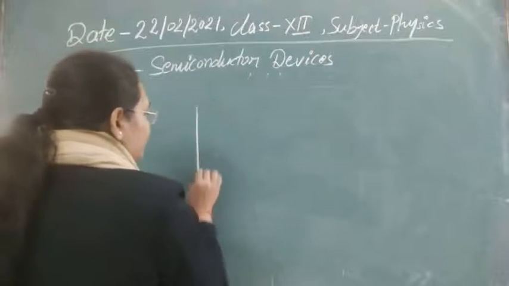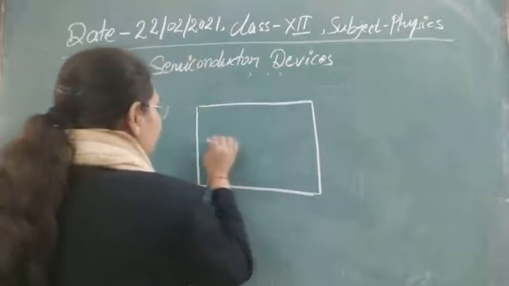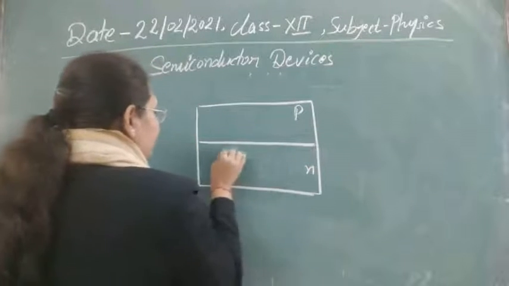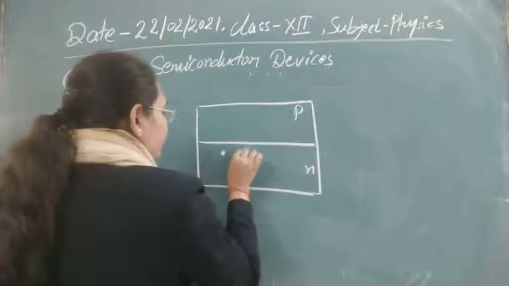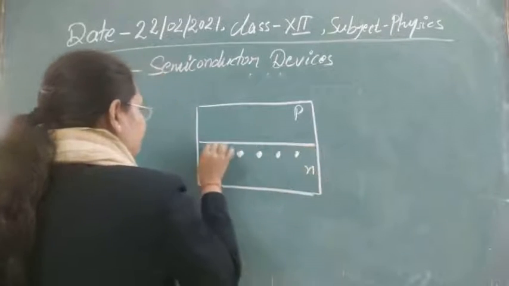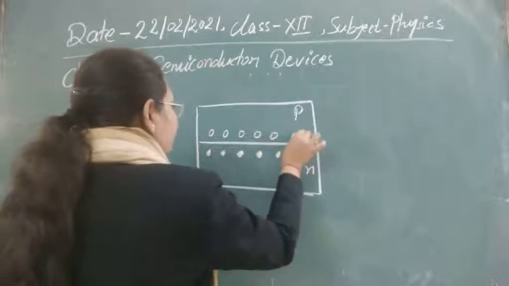Its circuit diagram is also very simple. This is our p-type material, this is n-type. In n-type material we have a number of electrons, and in p-type, in majority we have holes.